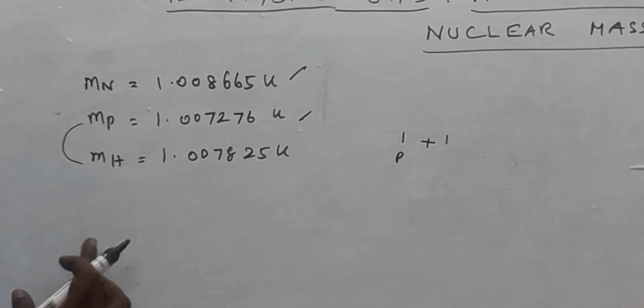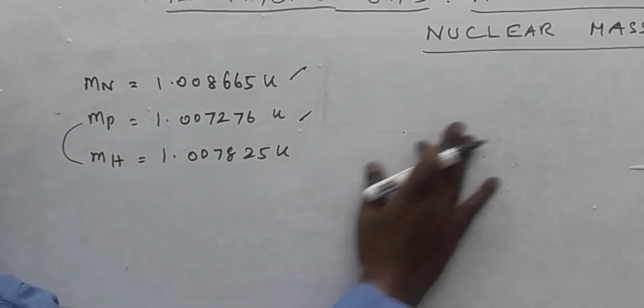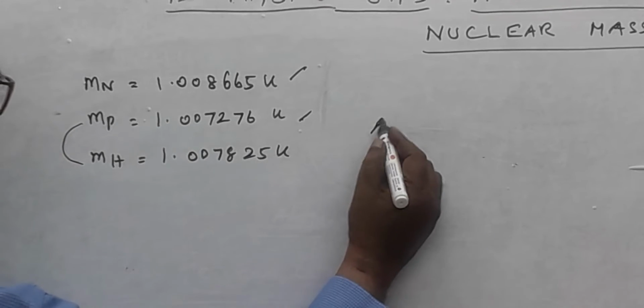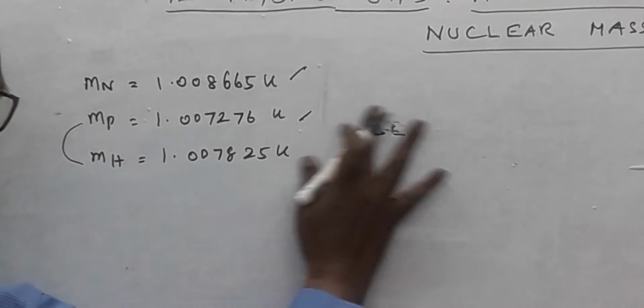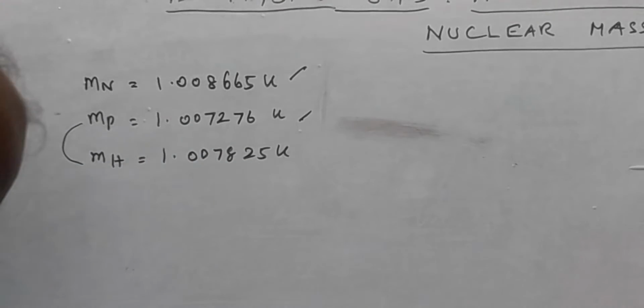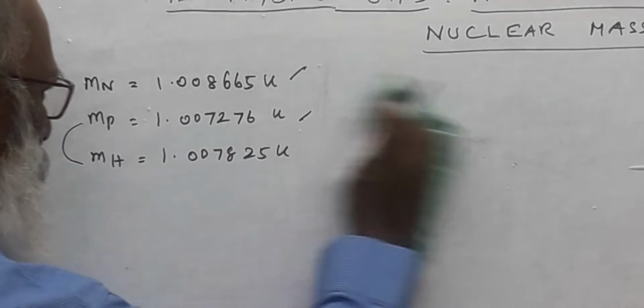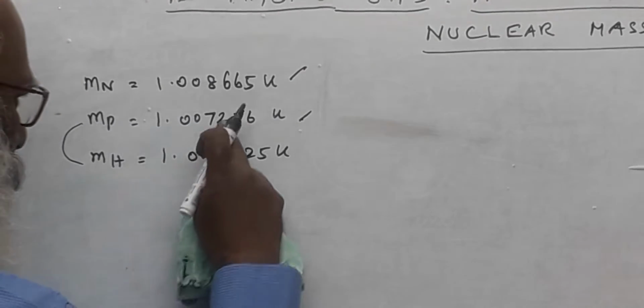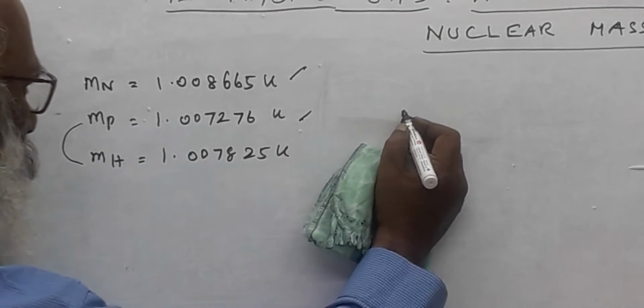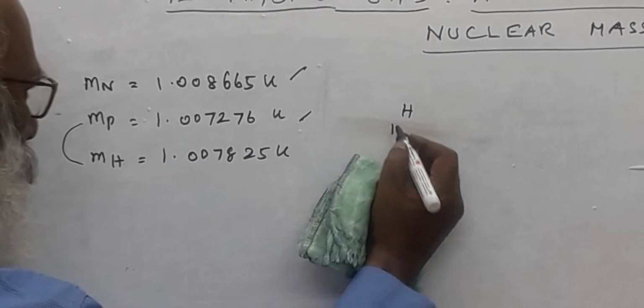But when you are adding here, we can explain from here itself the binding energy. But you have to wait for some time. With a suitable example, I want to explain why the mass differs. When you say 1H1 hydrogen atom, there is only one proton.